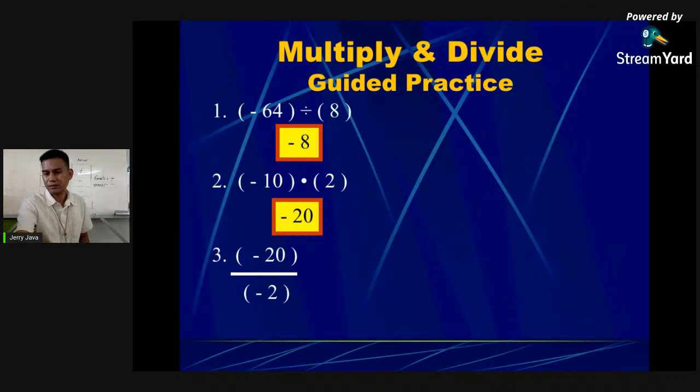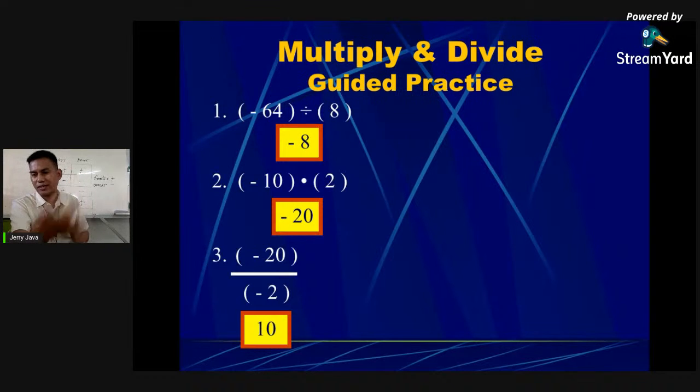Okay, 20 divided by 2 gives you 10. What's the sign of 10? One is negative, one is negative, so they are like signs. Both are negative, so that's positive. That's 10 or positive 10. Congratulations, that's correct.